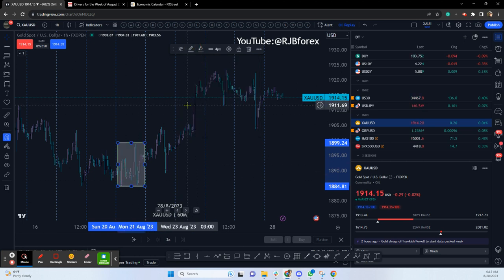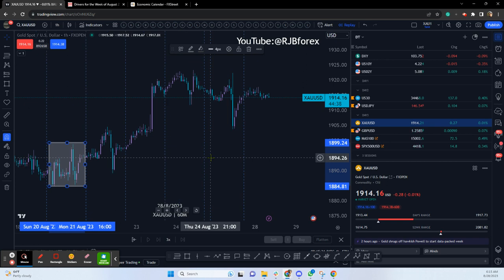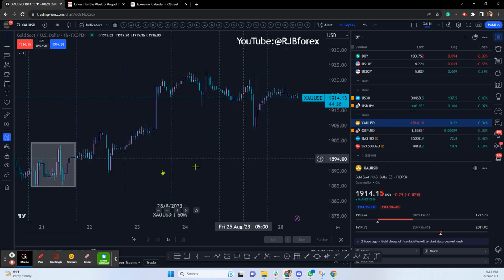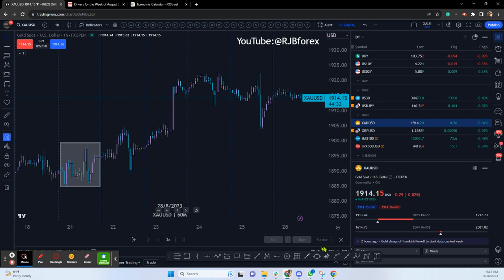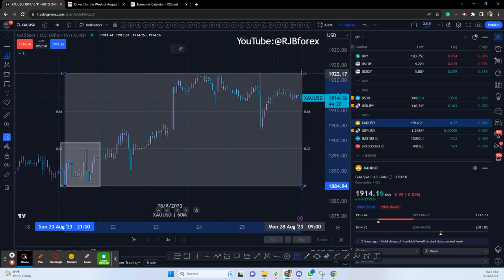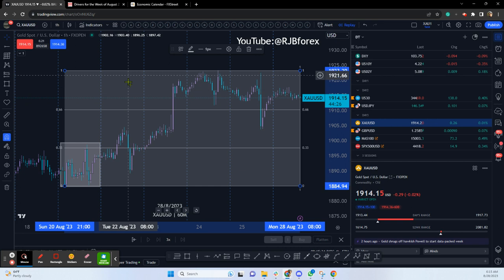And what we can do with the range as we set up for later in the week is see how far we've come out of that range. And what we like to see on a Friday is three levels of rise. So if we draw, that's level 3 up top, level 2, level 1.